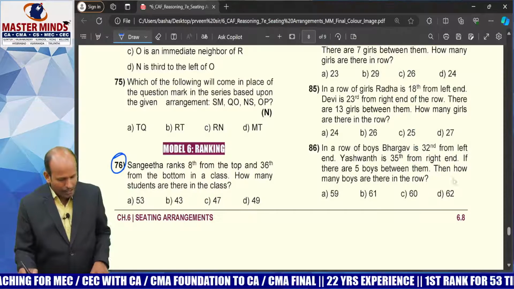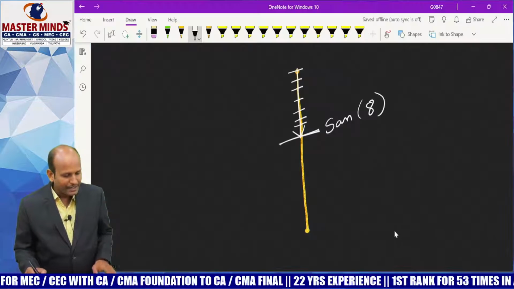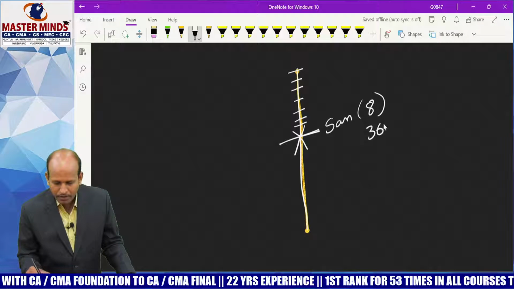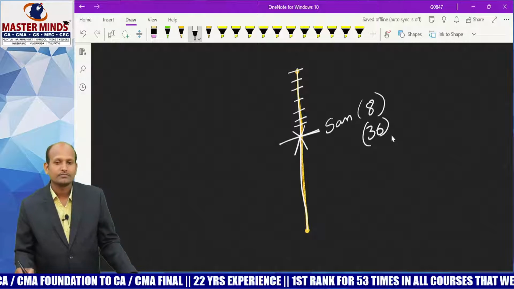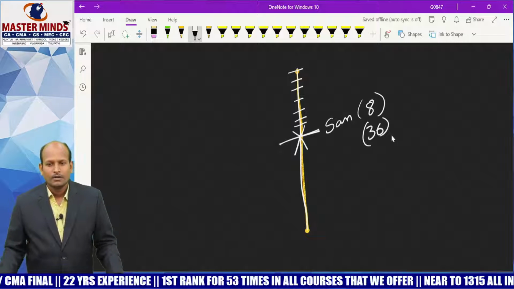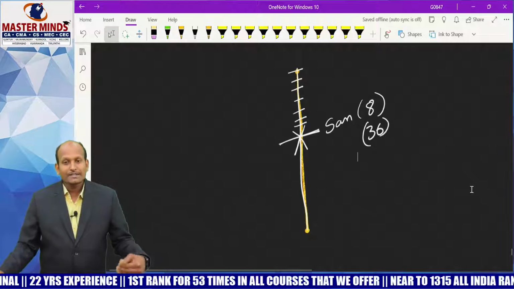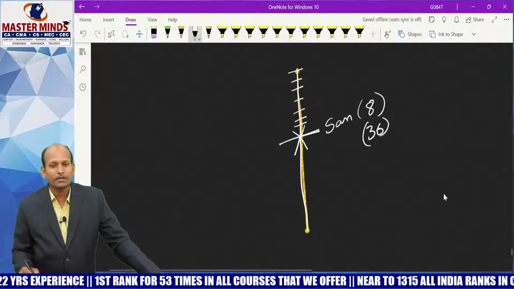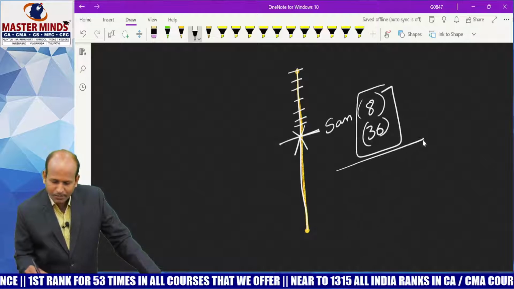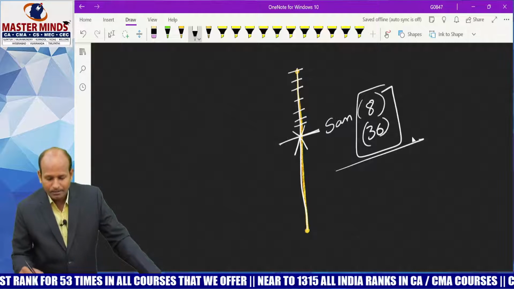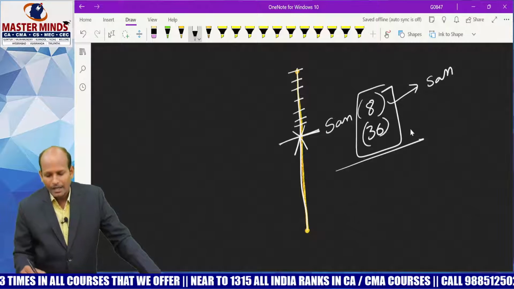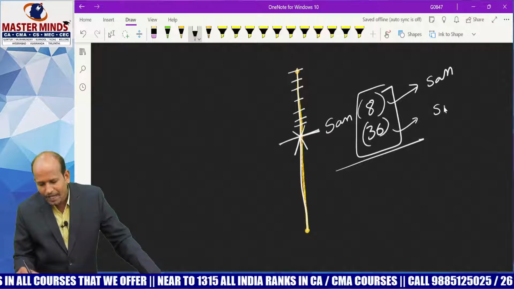In the same way, including Sangeeta, there are 36 members from the bottom. So the total strength is 8 plus 36, but in 8 we already included Sangeeta, and again, including Sangeeta, we have 36.